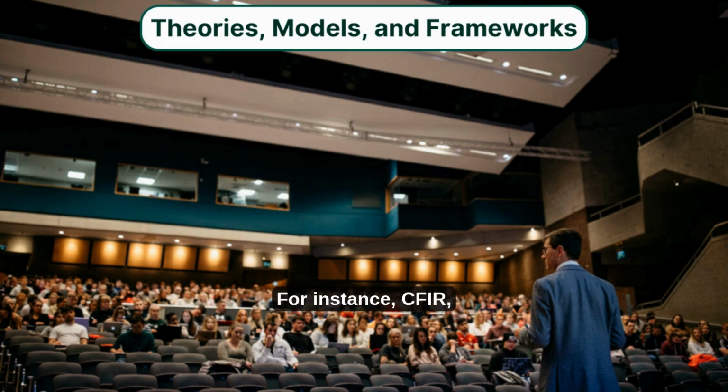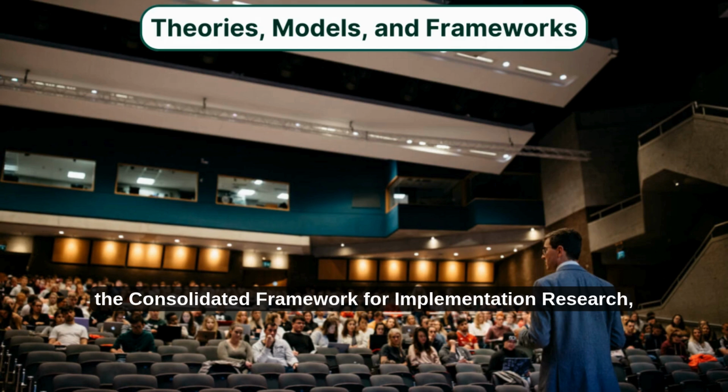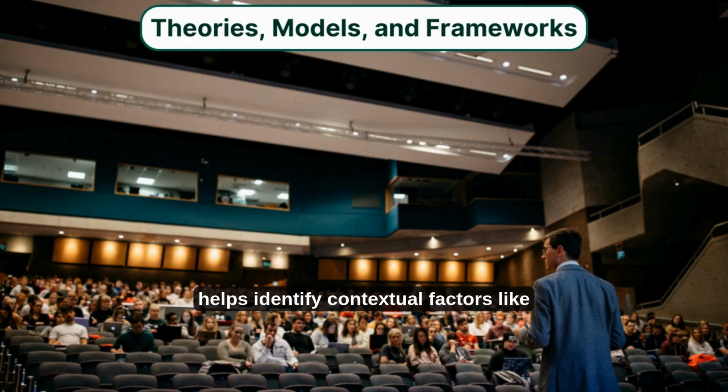For instance, CFIR, the Consolidated Framework for Implementation Research, helps identify contextual factors like organisational culture, readiness for change, and external pressures. RE-AIM focuses on evaluating reach, effectiveness, adoption, implementation, and maintenance. These are two popular and well-tested TMFs.